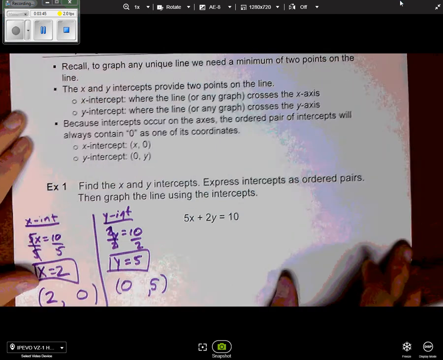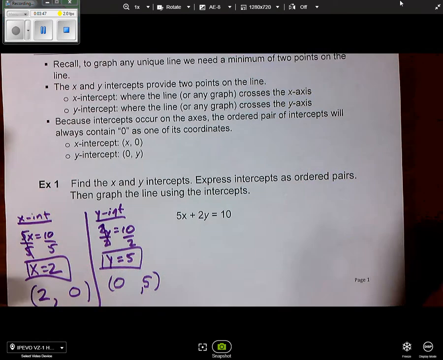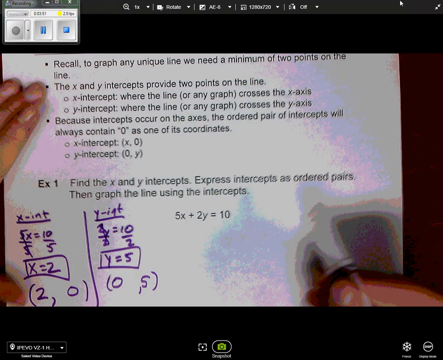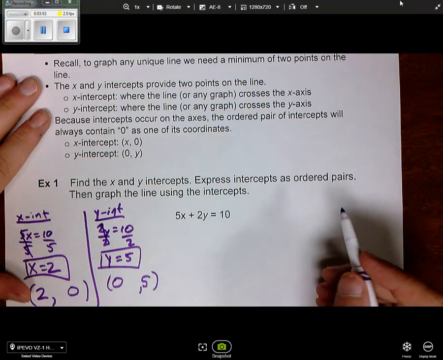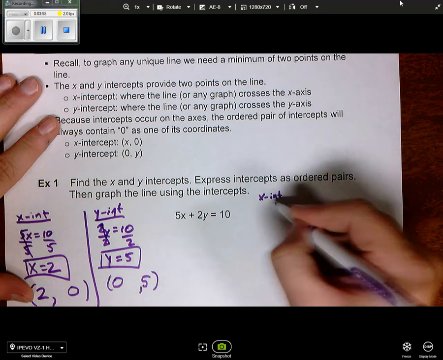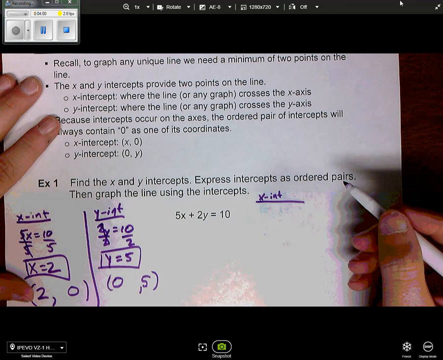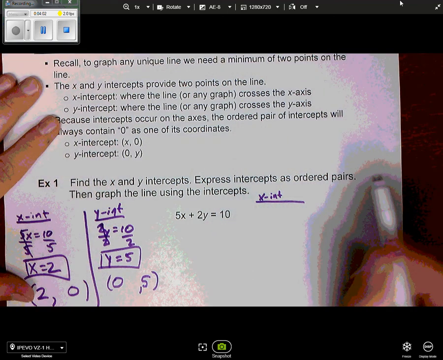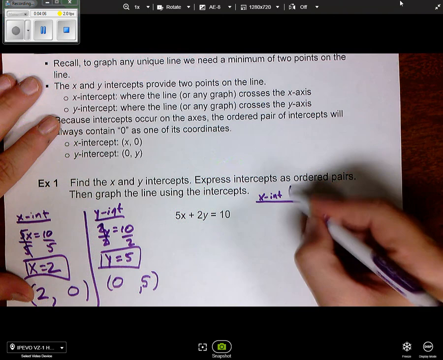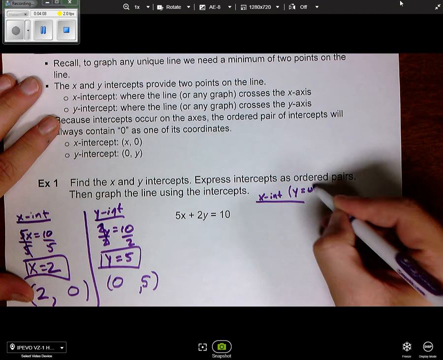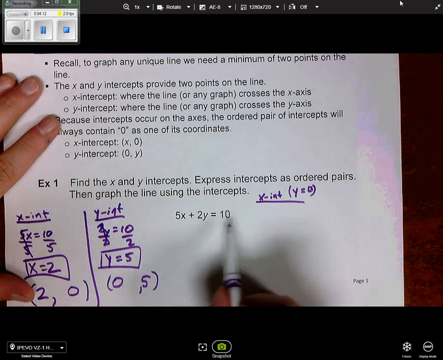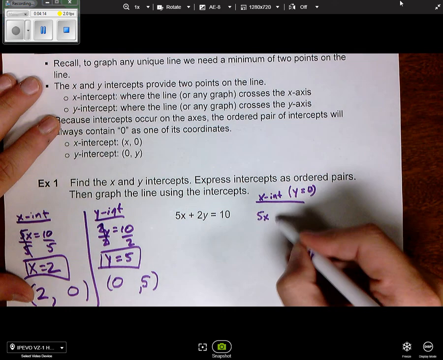All right. Now, if you don't like that method, you can use replace with 0 and solve, but what you're going to end up seeing is it's basically the same as the cover-up method. It just looks a little bit different. So if you want to find the x-intercept using this replace with 0 and solve method, you set your y equal to 0. You plug 0 into this equation wherever you see a y and solve.